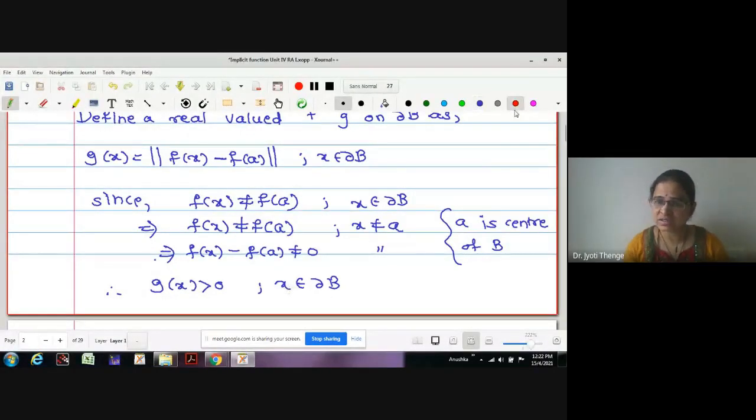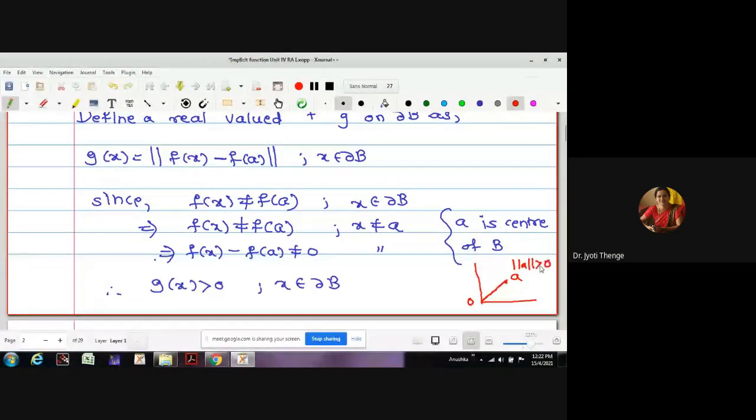Here is a short sketch to show you. This is a non-zero vector, say a, in a two-dimensional space. Then what is the distance of this vector from the origin? Actually we were writing norm a greater than or equal to 0, including the possibility that a is a zero vector. But for a non-zero vector, norm a is always positive.